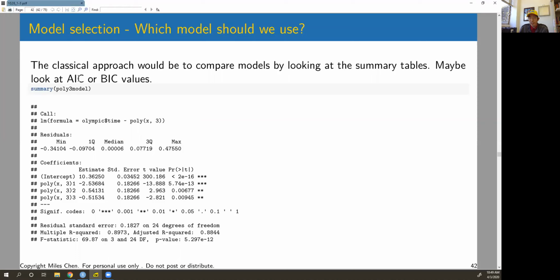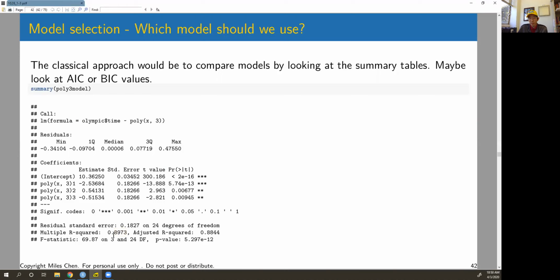Other things you can look at, right? You can look at the AIC or the BIC, which has these penalty factors for having too many terms or having model complexity and stuff like that, right?